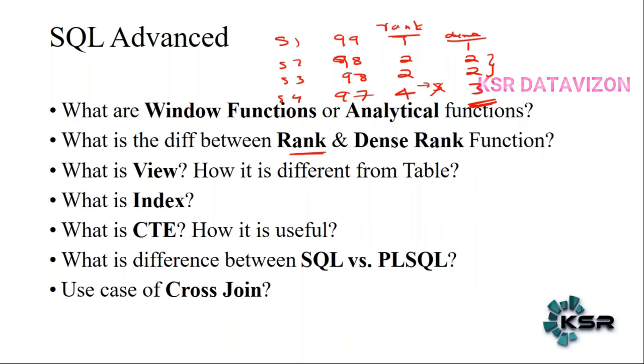Index is very important in terms of searching. The same applies to SQL as well. If you want to search something, it will go and search in every row. It may have 1 million rows, 1 crore, 10 million, it can be anything. It will go and search every single record. It is going to do a full scan, which is going to take time. But what if you create an index?